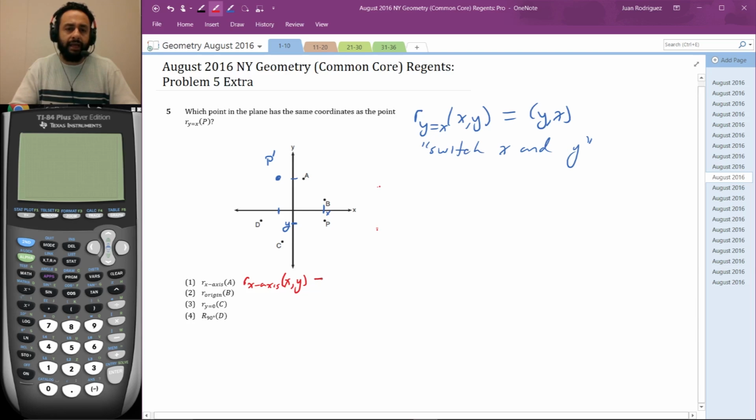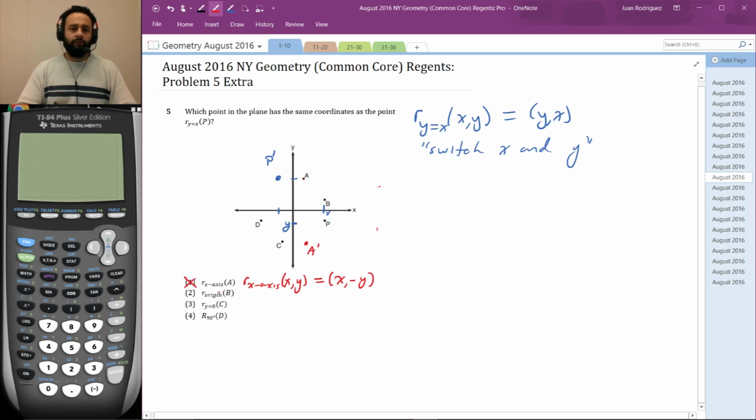Either way, you're negating the y coordinate without changing the x coordinate. So x comma negative y. If point A is up here, flipping it over the x-axis is going to give us a point here. So that's point A prime, not point P prime.